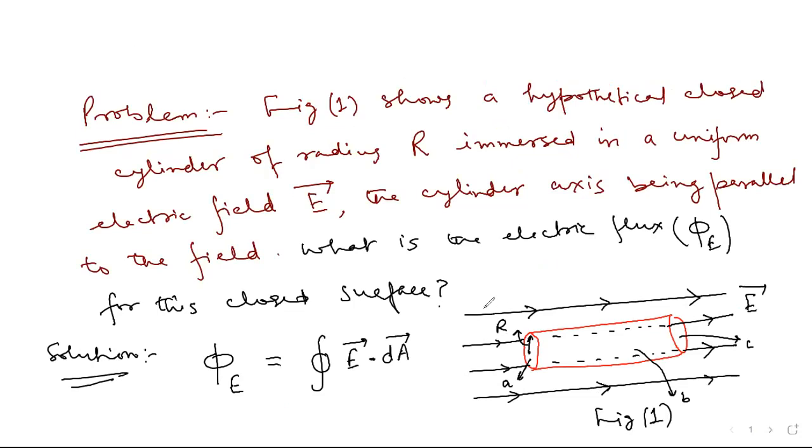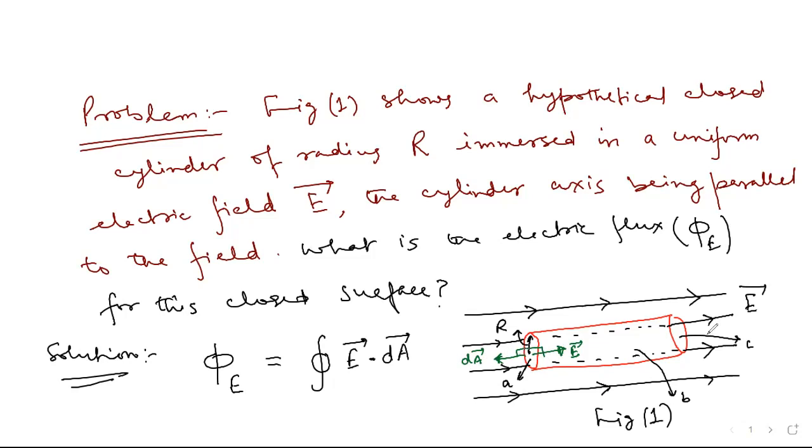For the left hand cap, let me use some color, I think green. For the left hand cap, the electric field is to the right. This is the electric field, and as you know, the area vector is taken to be the outward normal, so the area vector is leftward. So you can see the angle between the electric field and the area vector is 180 degrees.